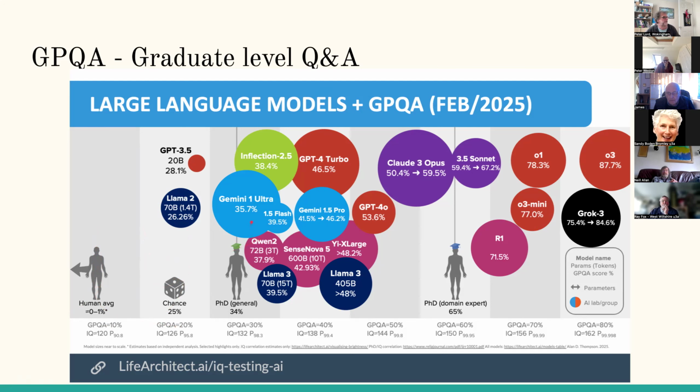But as we go through more recent, bigger models, we can see that some of them are getting the same sort of answers as a general PhD student. And here we've got our PhD domain expert, the person who writes the textbooks. And we can see even some models are now exceeding the PhD domain expert for this particular type of benchmark.